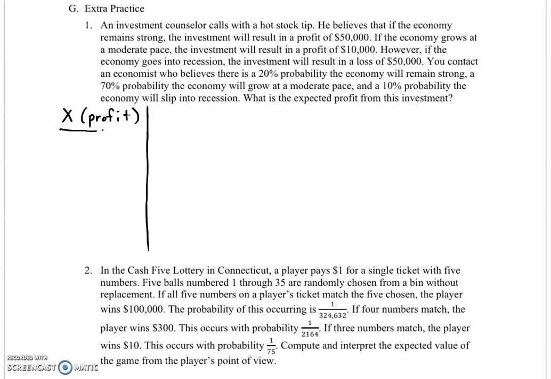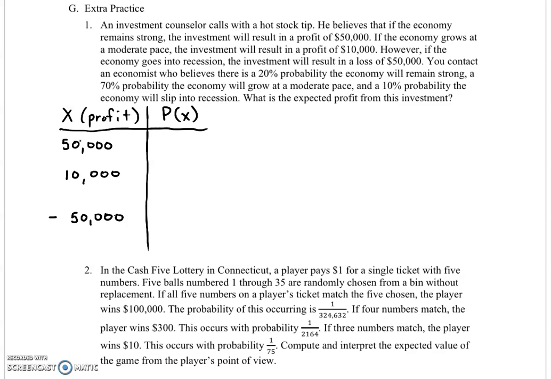And of course, then we have our probabilities. So we have 3 options. Either we're going to make $50,000, we're going to make $10,000, or we're going to lose $50,000. So we make $50,000 if the economy remains strong, and there's a 20% probability of that, which is 0.20.